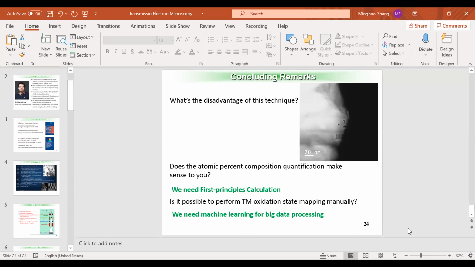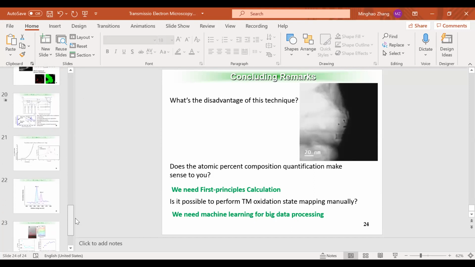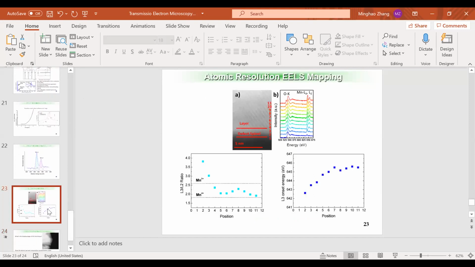So this EELS oxidation mapping, are you able to run operando, or have you run operando studies on the oxidation state change? Yeah, we did an operando study. You can check our group website. I think it's in 2017, in Nano Letters. What we did is a solid state battery, right?